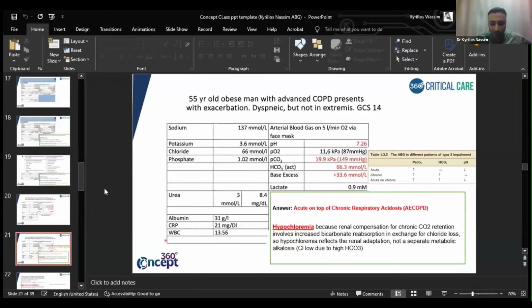So the hypochloremia reflects the renal adaptation, not a separate metabolic alkalosis. So, as a simple acid-base disorder, chloride is low due to high bicarbonate. And this type of answer they need from you in the examination to be as fast as possible to get the full mark. Let's go to the next slide.